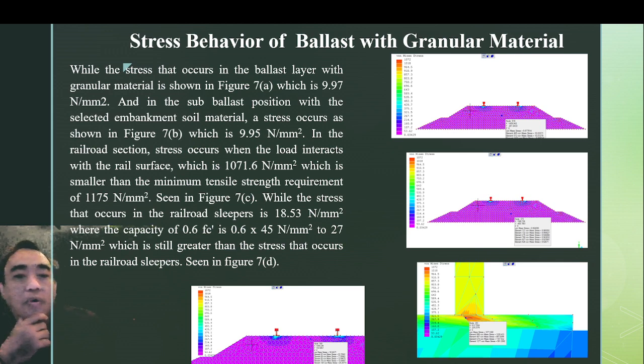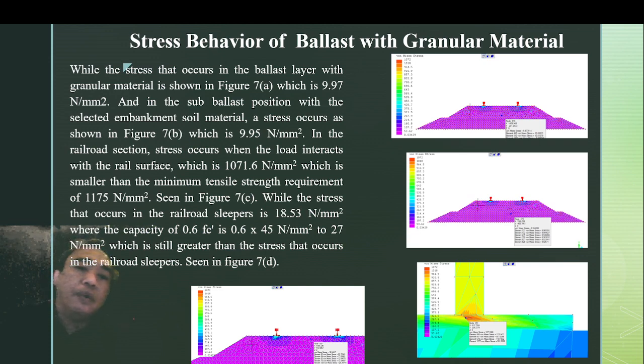In the rail load section, the stress that occurs when the load interacts with the rail surface is 1071.6 Newton per square millimeter, which is small compared to the minimum tensile strength requirement of 1175 Newton per square millimeter.